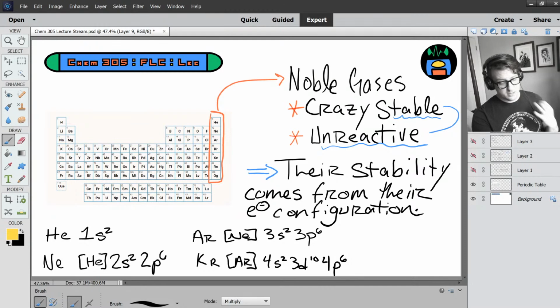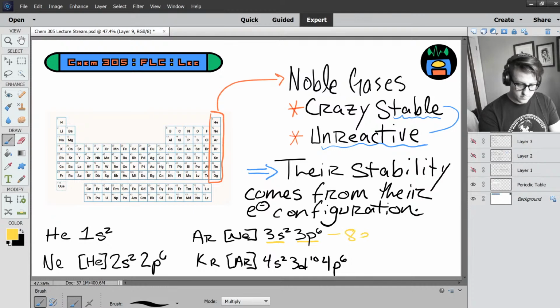And the reason why we call this the octet rule is if you look at the number of electrons in each valence, the highest energy shell for every noble gas, you have 8 electrons present.